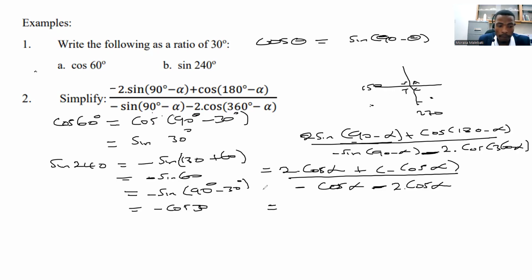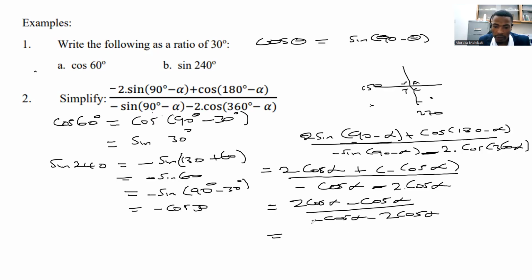Now let's try to simplify things. We can say 2 cos alpha, positive and negative, is minus cos alpha, divided by minus cos alpha minus 2 cos alpha.